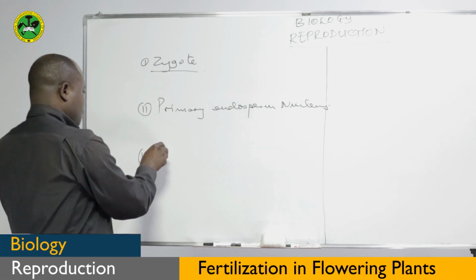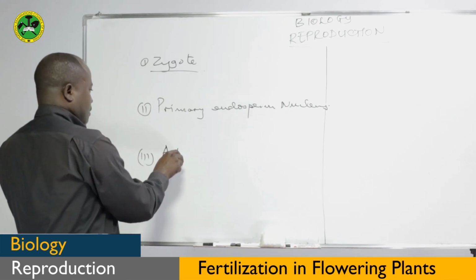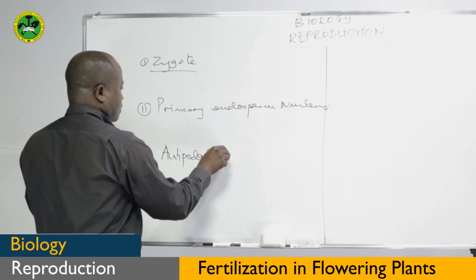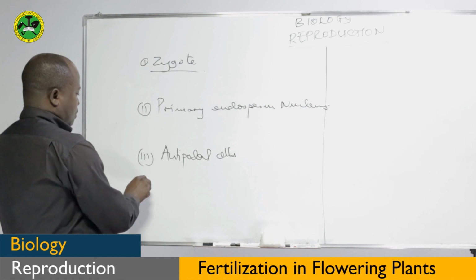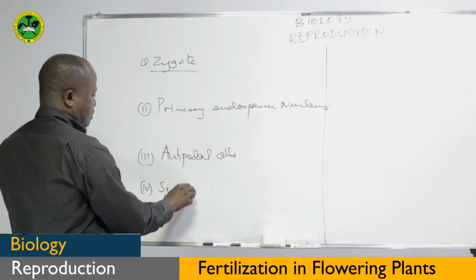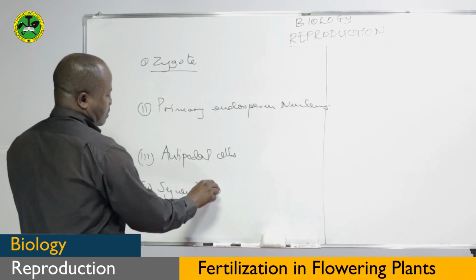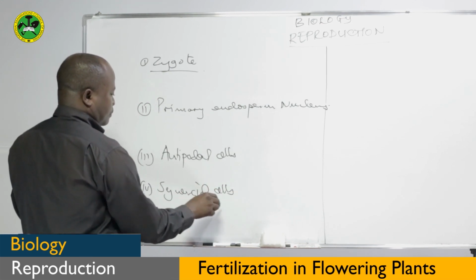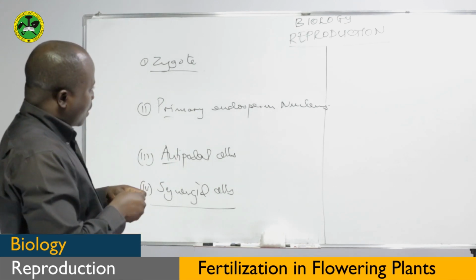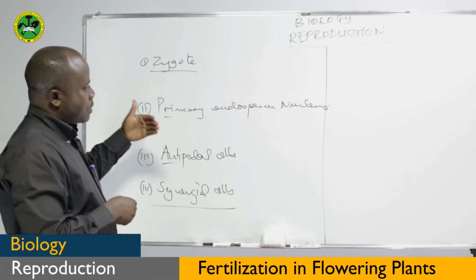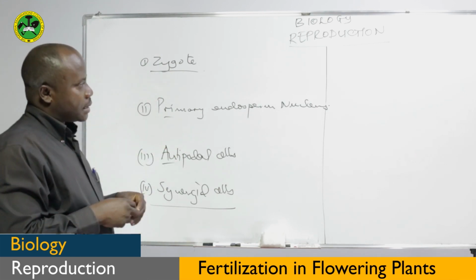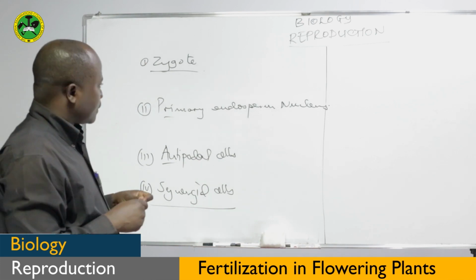There are antipodal cells. But also there are synergids. Therefore, this question requires what will be the changes occurring in these structures after fertilization.